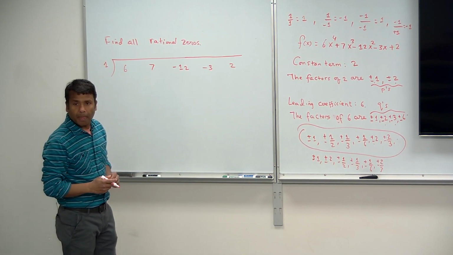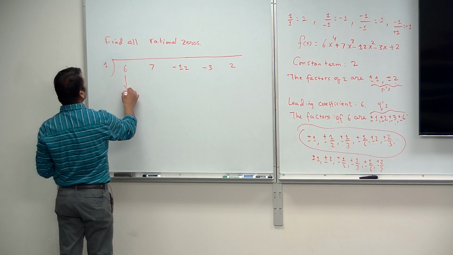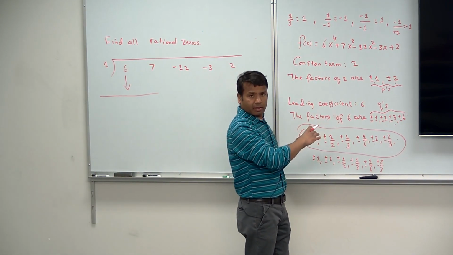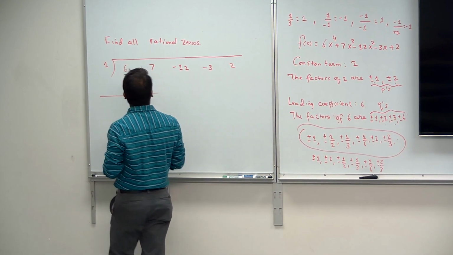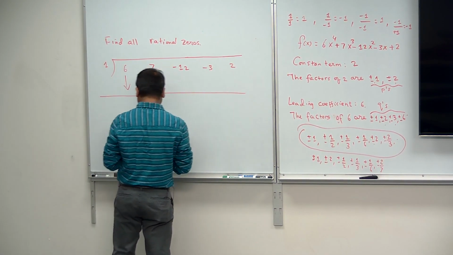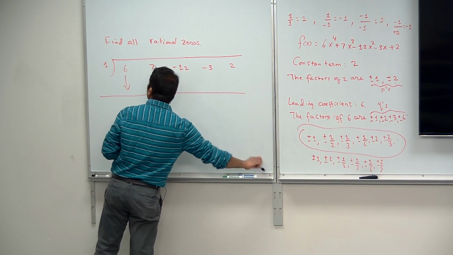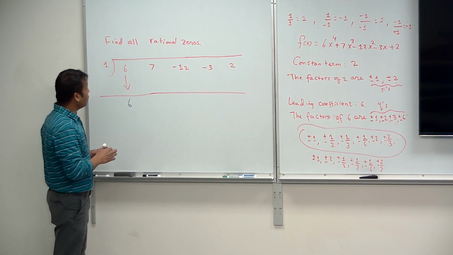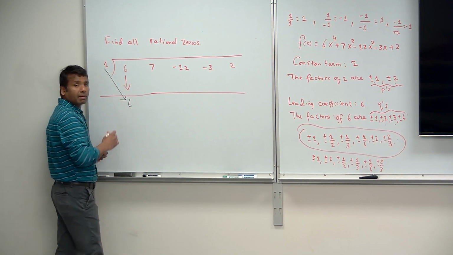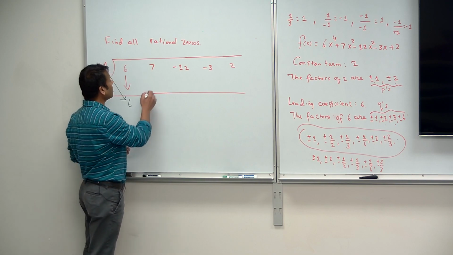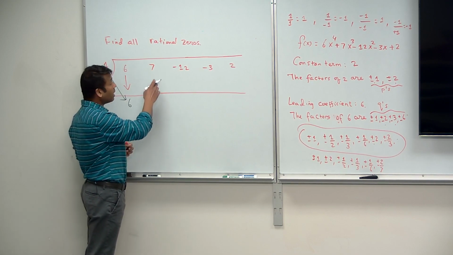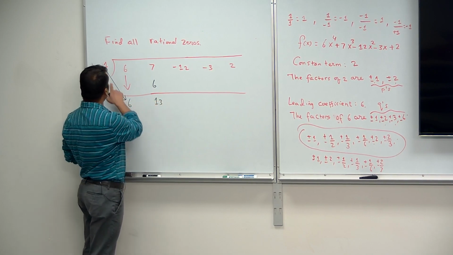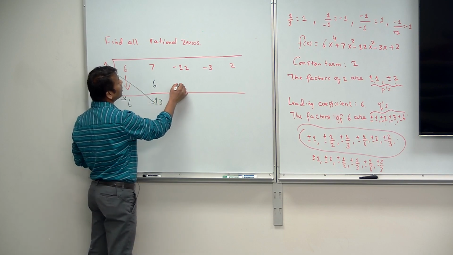That makes sense? And then you bring it down. You see, I list all the coefficients. Is that right? And then you bring down the first coefficient, which is 6. You multiply 1 and 6. What is 1 times 6? 6. You write it down under here. You add them up. What is 7 plus 6? 13. And then you multiply 1 and 13.